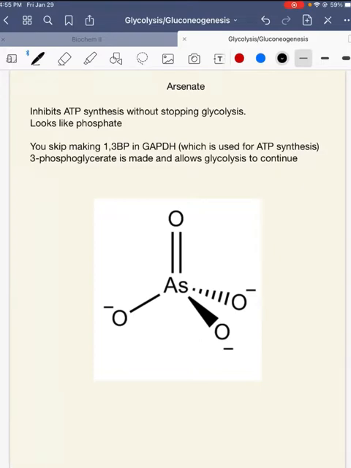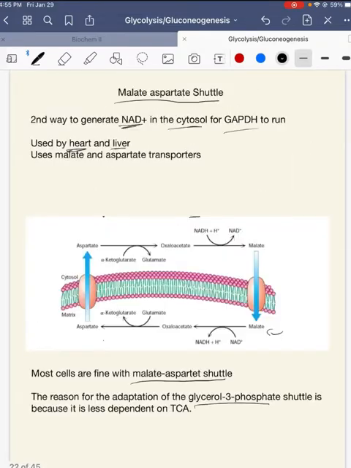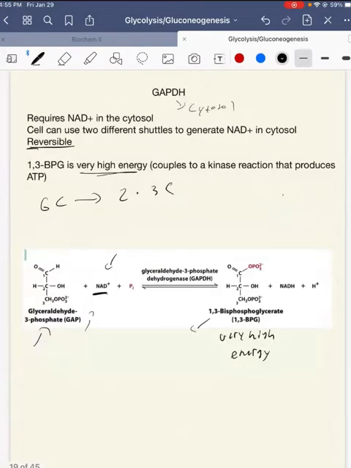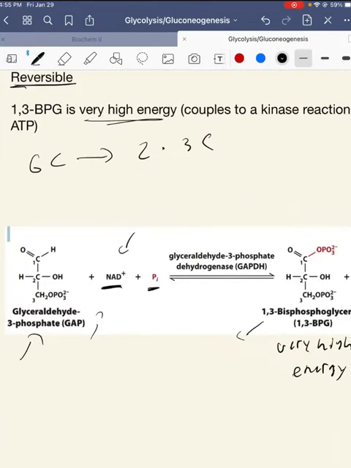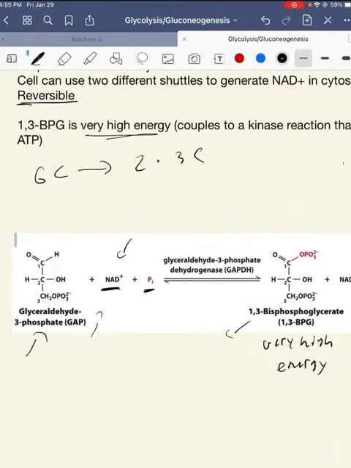Something I added here, I don't think we talked about it last year, and I'm not sure if Dr. Kanapka will talk about it this year, but I just mentioned it because I thought it was cool. So arsenate over here, this is the structure of it, and it looks like phosphate. Let's go back to here, right? GAPDH uses this phosphate, and it attaches it to a GAP.